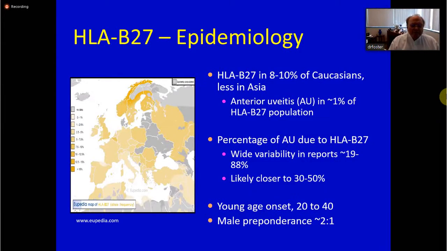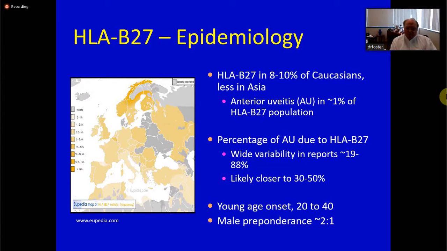Now, the B27 gene is widespread all throughout Europe, South America, and the United States. The percent of anterior uveitis secondary to patients with that problem. Now, by the way, the gene doesn't cause the problem. It requires a two-hit problem.